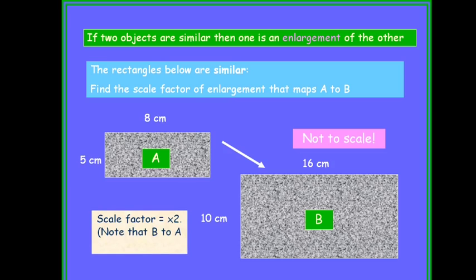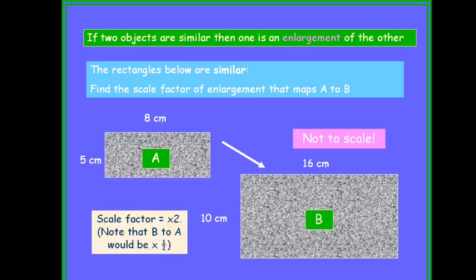This scale factor is important. The scale factor is actually 2 times. 2 times means you can note that B to A would be half. This scale factor actually tells us the difference between one object and the other object.